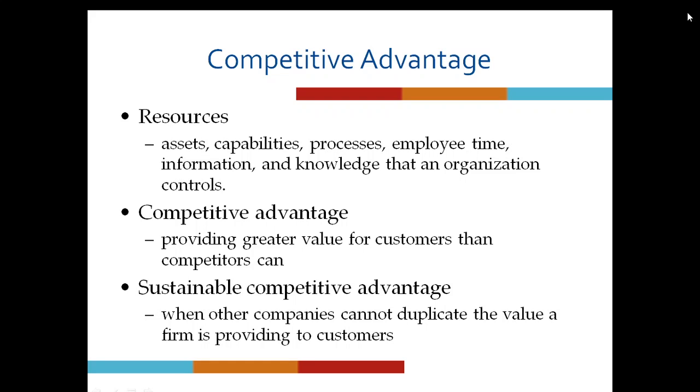Leaving less room for uncertainties and surprises, right? Employee time, information, and knowledge that an organization controls. So those are the critical resources that offer competitive advantage to an organization.